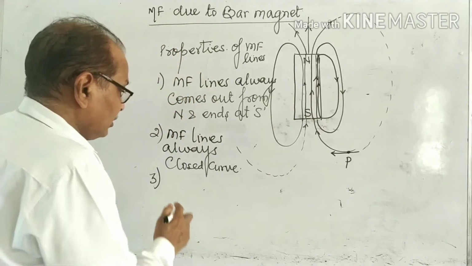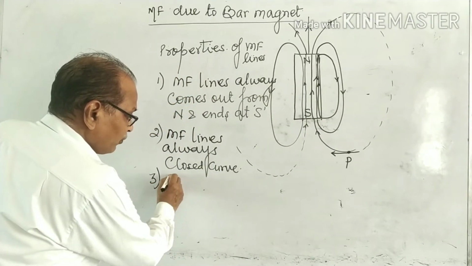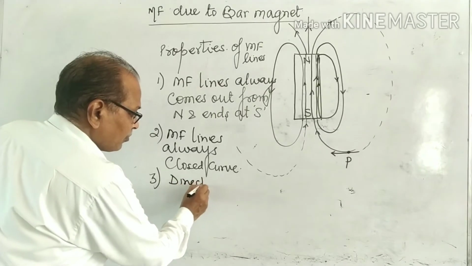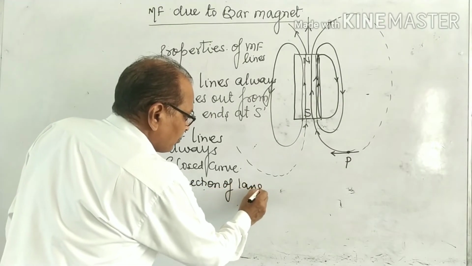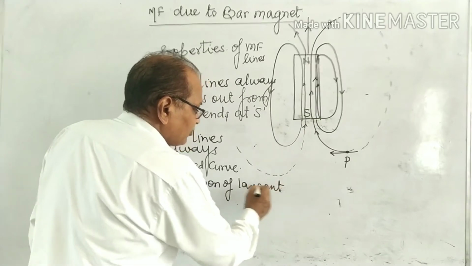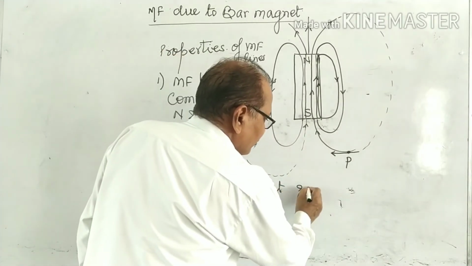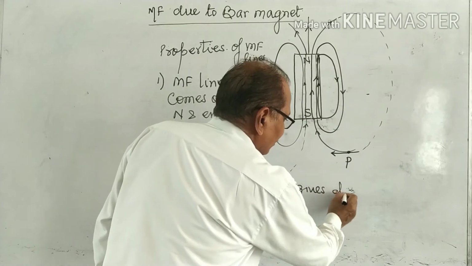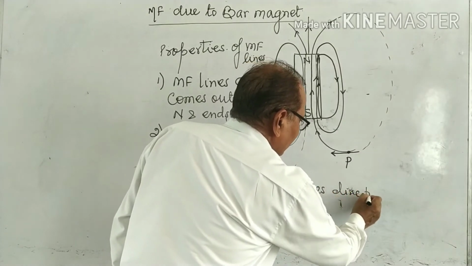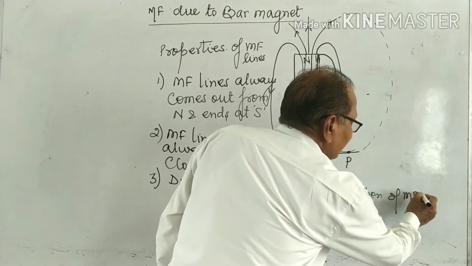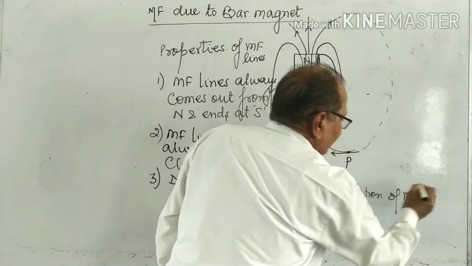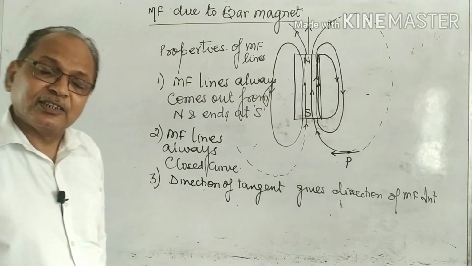So, the direction of the tangent gives the direction of the magnetic field intensity.